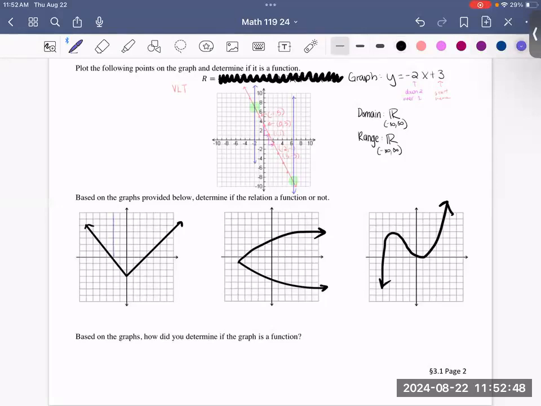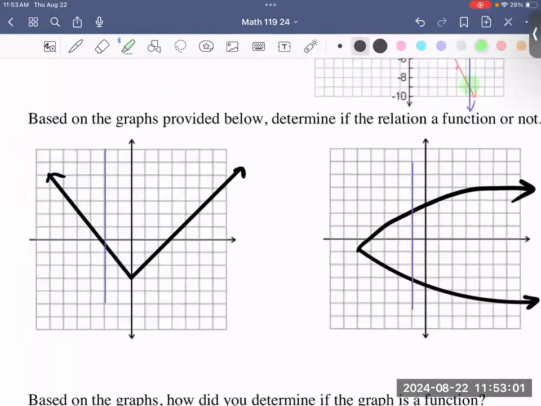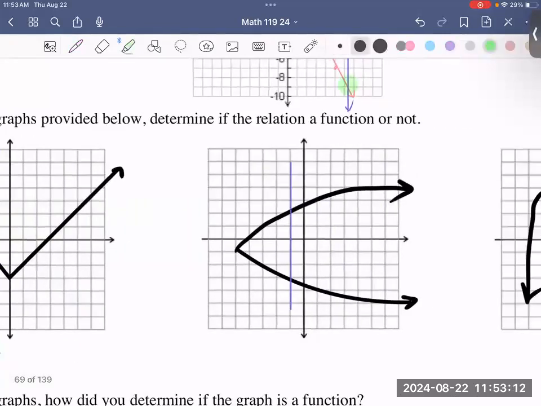The vertical line test just says draw any vertical line anywhere on your page that's just touching your graph. So we're just going to do that really quickly. Anywhere on your graph, if it touches once with your graph, it's a function. So is this one considered a function? Yes, it's a function.